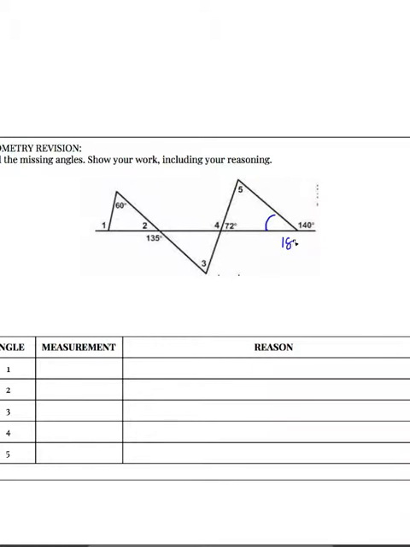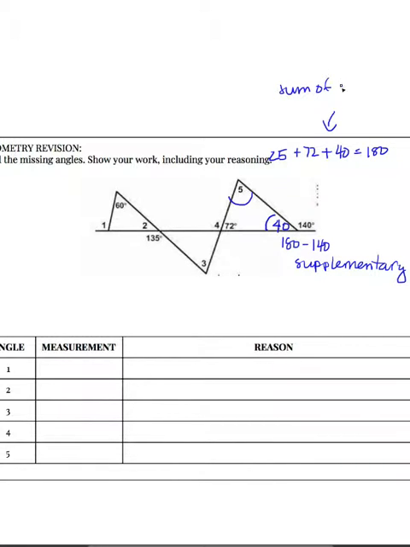This is going to be 180 minus 140 because there are supplementary angles. And supplementary angles total 180. So this would be 40. Now, I can calculate for this one because angle 5 plus 72 plus 40 should equal 180, because the sum of the internal angles of a triangle equals 180.